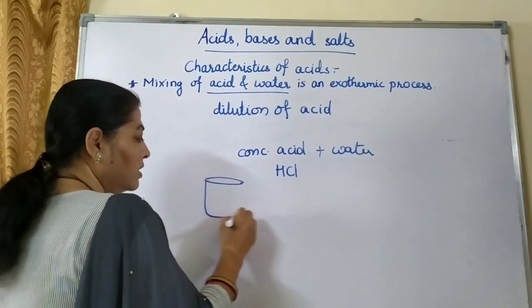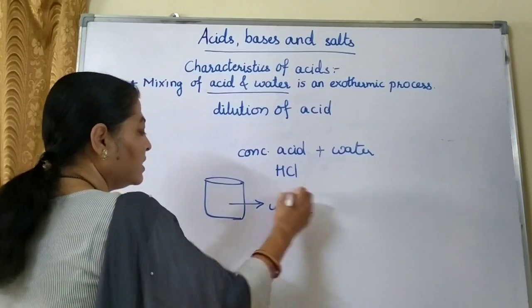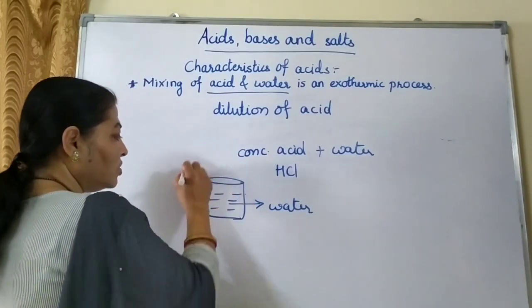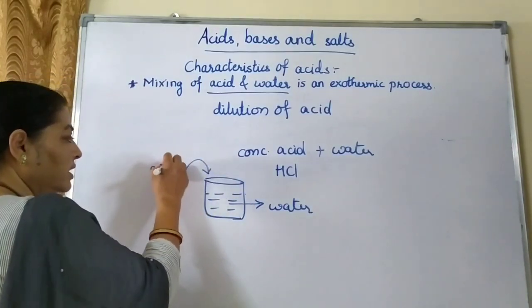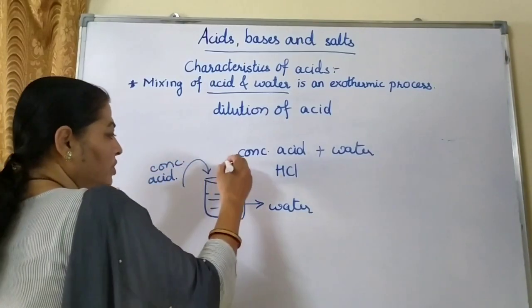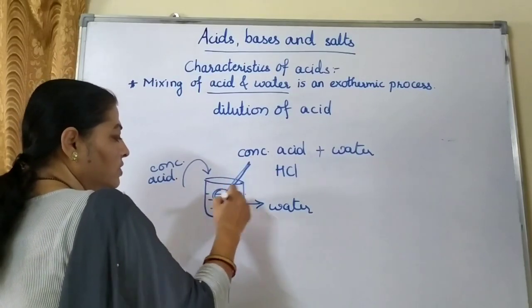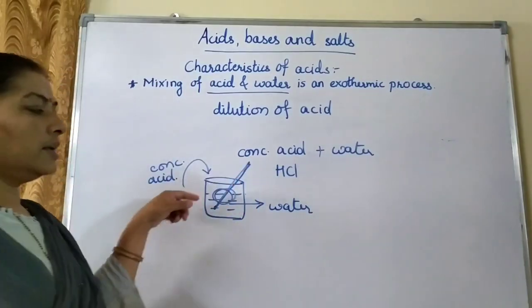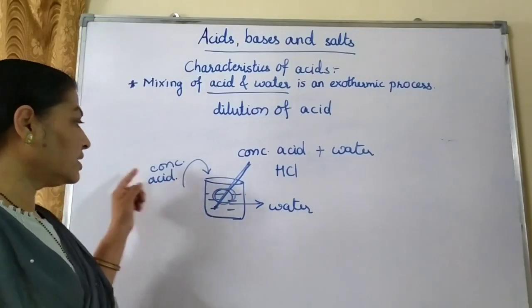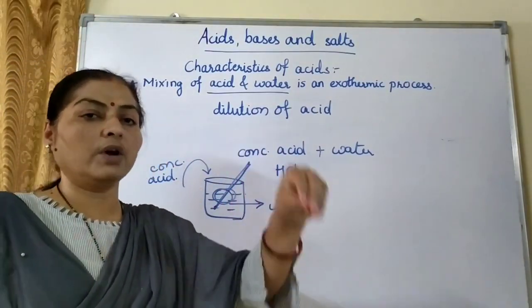In a container, we should take water, and in this water, we should add concentrated acid in portions and with continuous stirring. So we should use a glass rod and stir it continuously while adding concentrated acid in small portions in water.